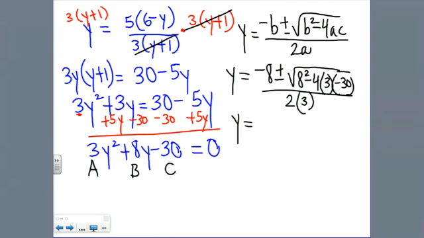Now, inside the radical, find the value of your discriminant. So 8 squared is 64. And when you multiply your last 3 numbers, you get a positive 360.